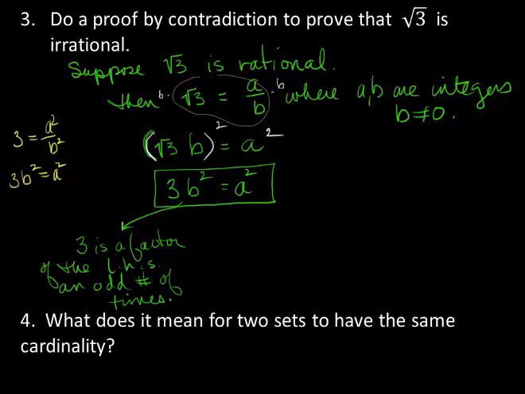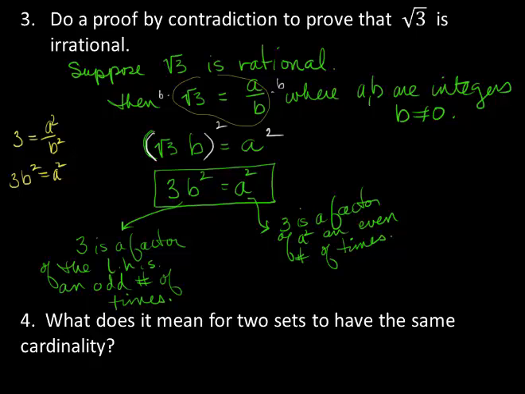Even if it's 0 times, it's an even number of times. Every prime factor of a perfect square is in there an even number of times. So when we multiply it by 3, we put one more factor of 3 in, and that raises it up to an odd number. A squared is a perfect square, so 3 is a factor of a squared an even number of times.